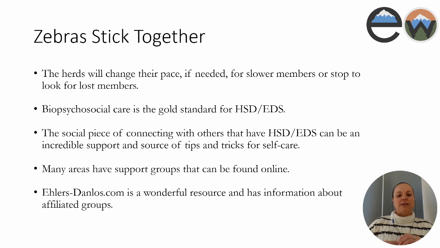And also Ehlers-Danlos.com is a wonderful resource, has a lot of information about those affiliated groups, different support groups as well. So we really want to make sure that we're supporting each other, supporting ourselves within our herd, and trying to educate others on the fact that we can coexist as horses and zebras, as long as our zebra uniqueness is recognized when needed for appropriate treatment.